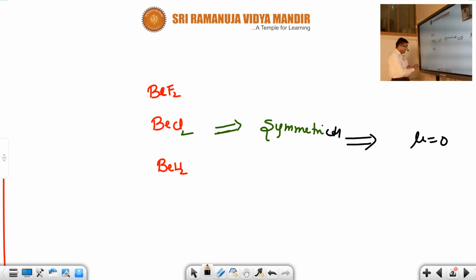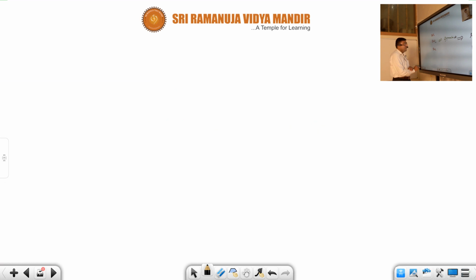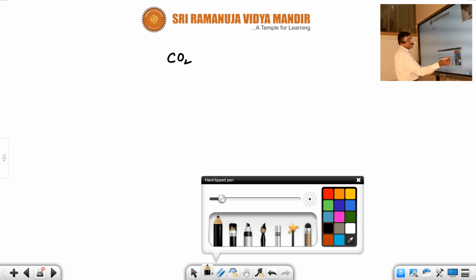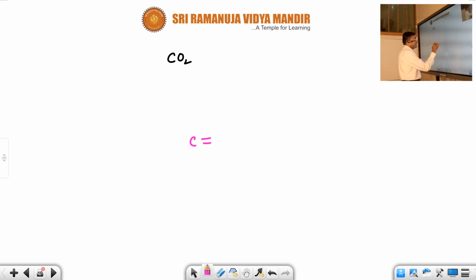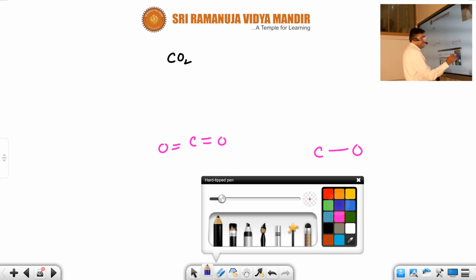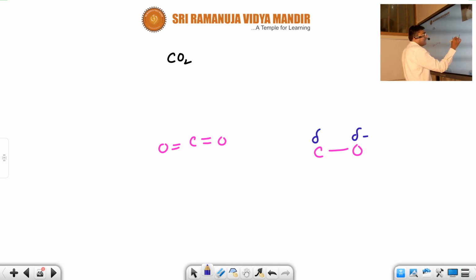Now, let us take another simple example. Let us take the CO2 molecule. Students, what is the structure of the CO2 molecule? It is as follows. If you take the CO bond, there is a bond polarity, delta minus and delta plus. Do you agree or not? Individually it is polar, but when the overall molecule is considered, the bond polarity is operating this side, and this side, and mu is equal to 0.